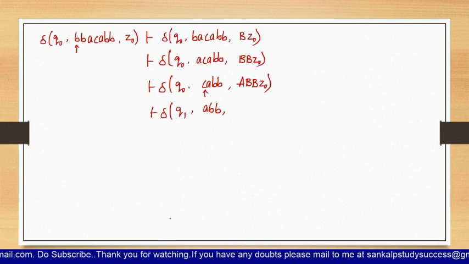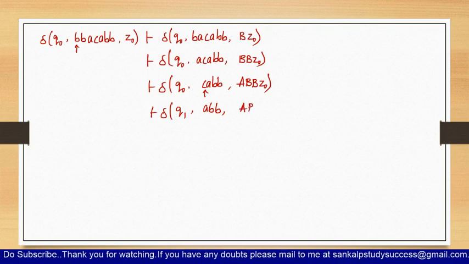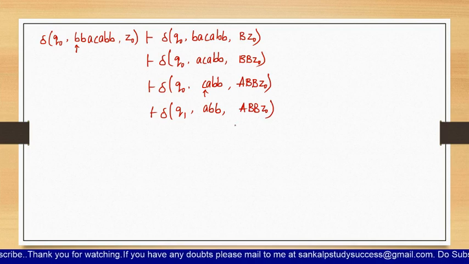So for ABB we have A, BB and Z0. Because we already have A, there is no change in the top of the stack.